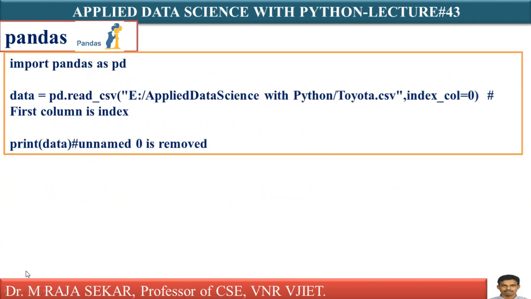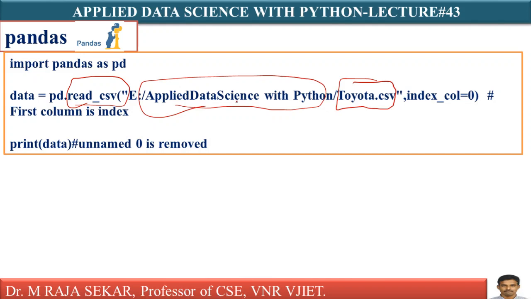This one is simple. We discussed this many times. Just see pd dot read underscore csv. This is useful for reading a CSV file. My CSV file name is toyota.csv, which is in applied data science with Python. This is my folder name in E drive. I need not explain again and again.